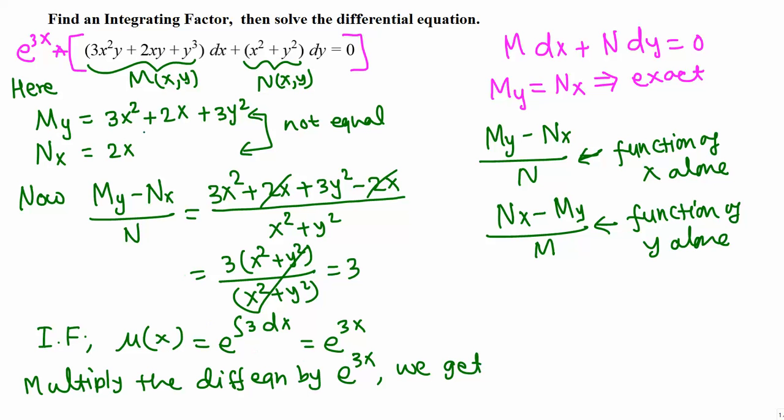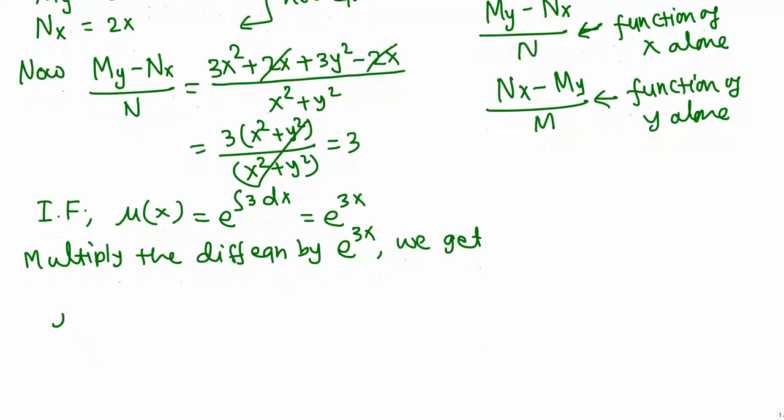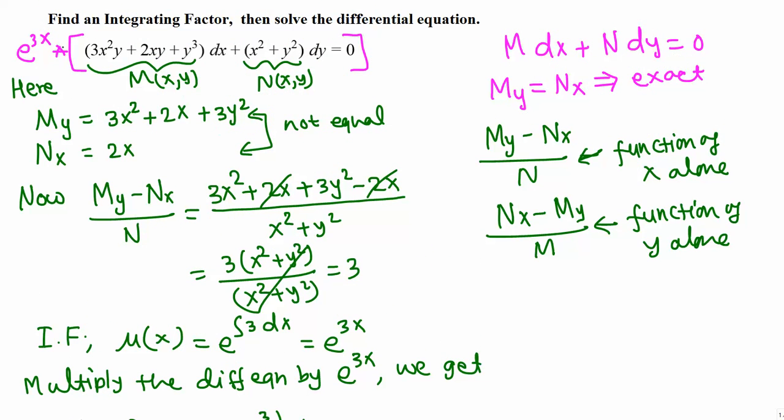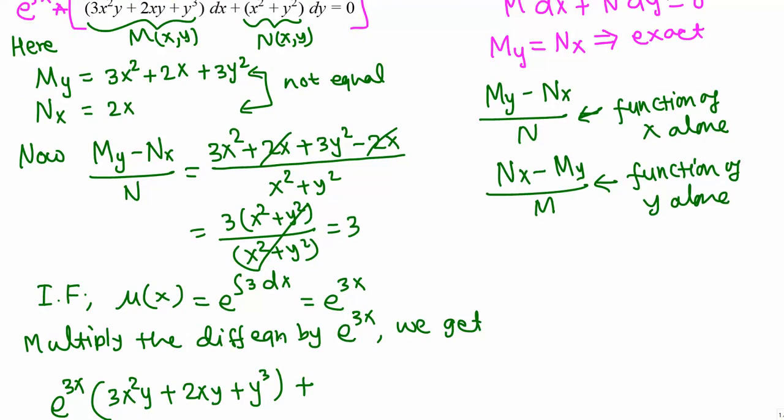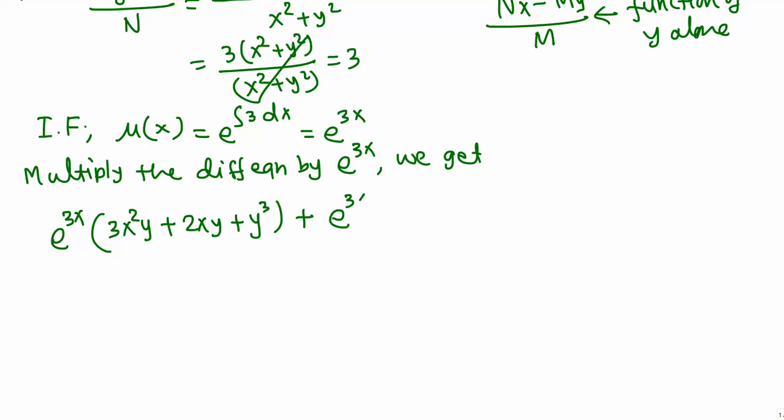We get, so basically e raised to 3x outside, and we have 3x squared y plus 2xy plus y cubed, plus, let's go back and see, so e raised to 3x outside dx plus the same thing, e raised to 3x outside, x squared plus y squared, equals 0. Okay, and this should be exact.